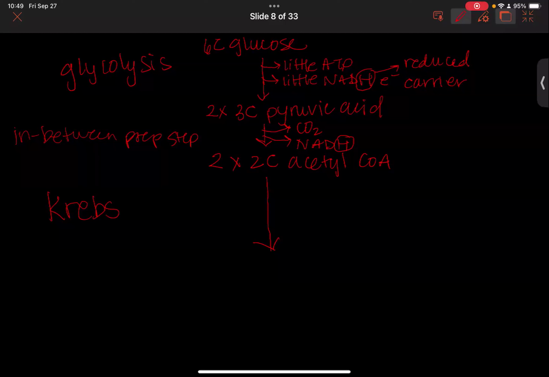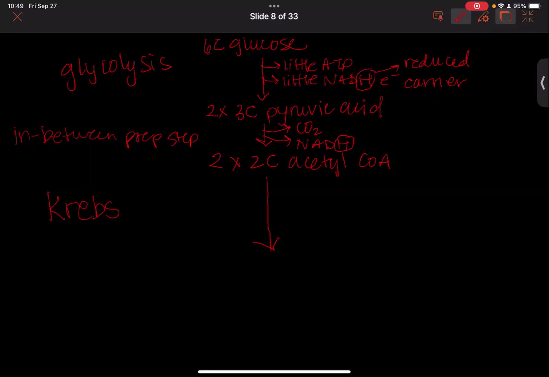You don't need to know it, I'm just remembering for myself. It binds with something that's already come through the Krebs cycle, the leftover product of something else going through the Krebs cycle, which happened to be another acetyl-CoA molecule, because it's a cycle. So acetyl-CoA comes in and gets associated with a 4-carbon leftover.